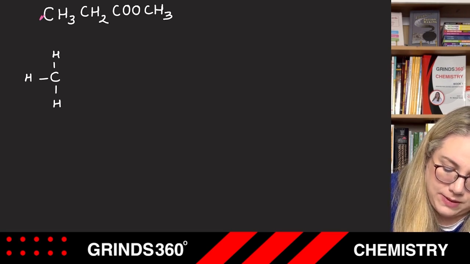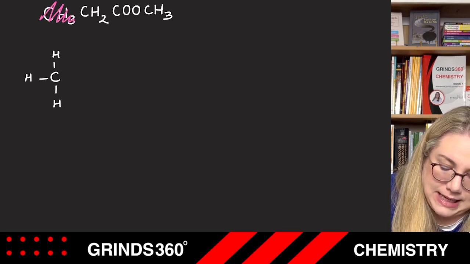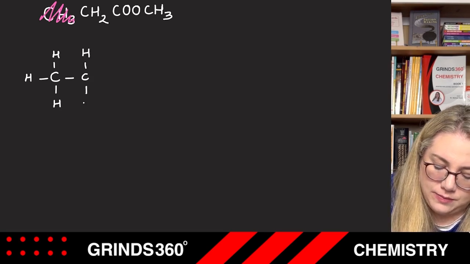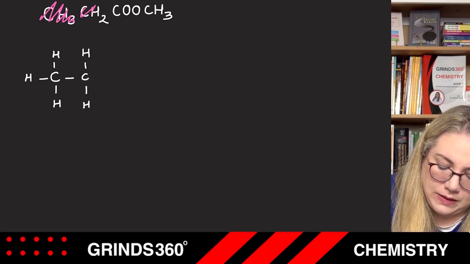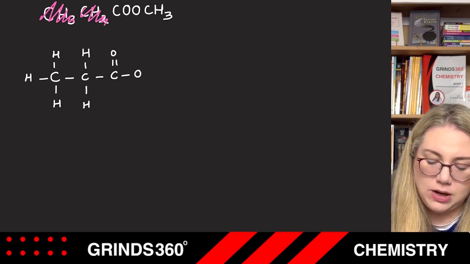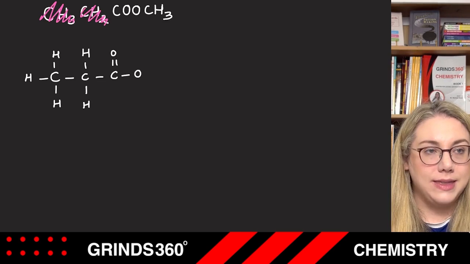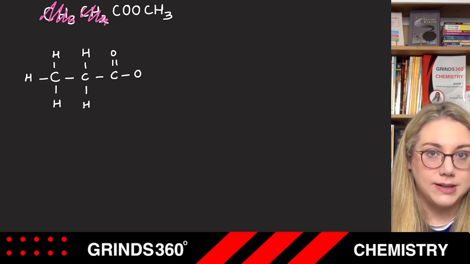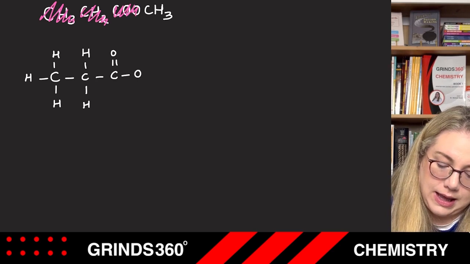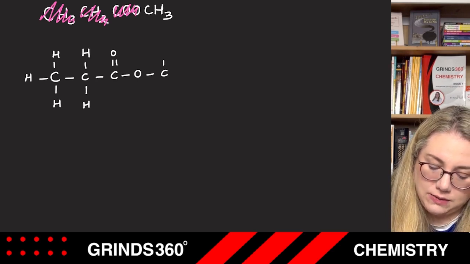So I've drawn this one. Then that's attached to a CH2, like that. Then that's attached to a C double bond O and an oxygen. When it's written COO like that, the C double bond O is first and then the oxygen goes after it. Then I have a CH3 on the right hand side, like that.